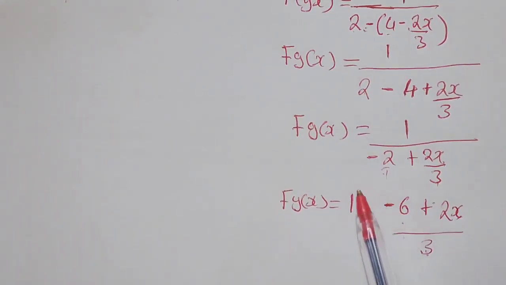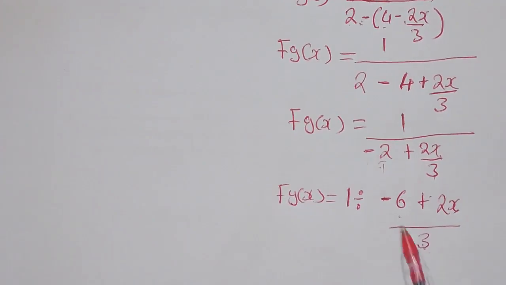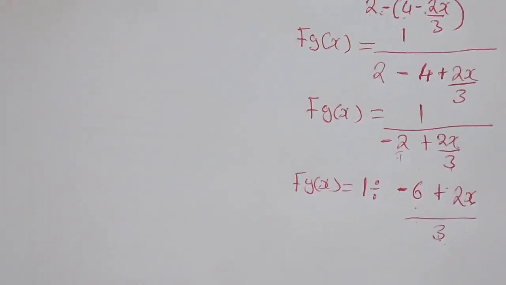Having reached this stage, you know that the division sign changes into multiplication, and when it does that, the denominator and the numerator swap. So this will come here and this will go down when the sign changes.